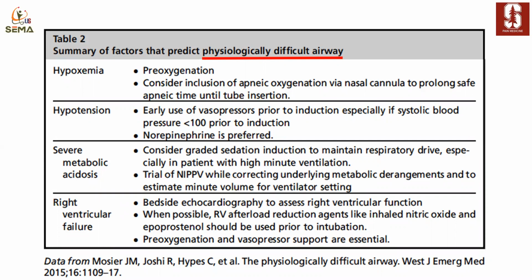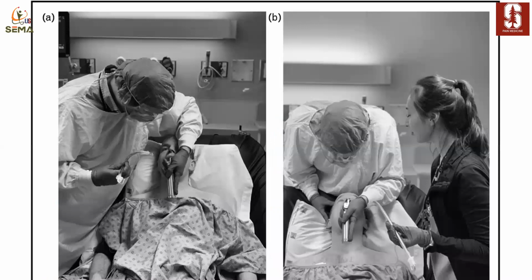If you have a patient with right ventricular failure or low ejection fraction, you have to be very, very careful with them. I personally don't have any case, but I have heard about cases where a patient developed cardiogenic shock after intubation. So you have to be very thoughtful about that.